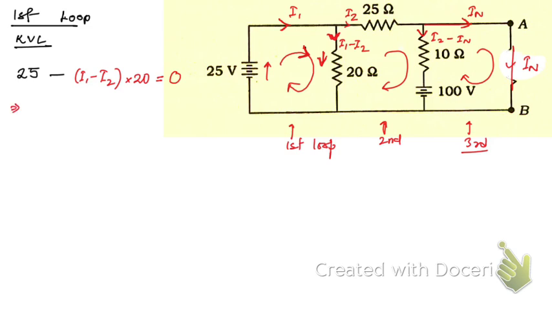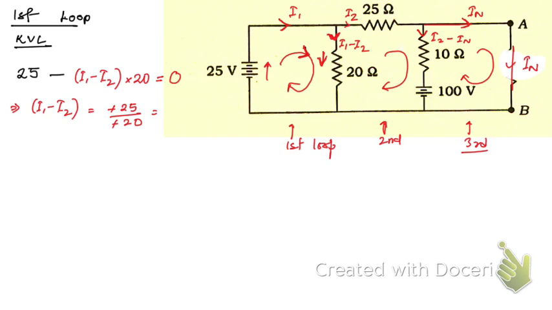So hope you have understood this. If we simplify this, what are we going to get? I1 minus I2 is equal to minus 25 by minus 20. I have shifted this to the other side, then divided by 20.